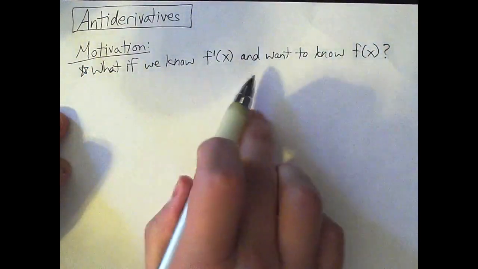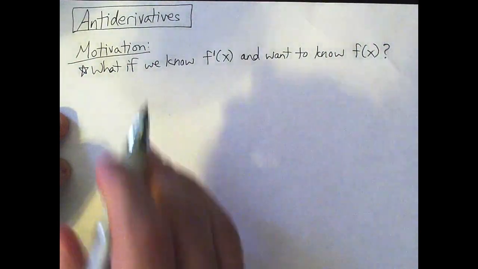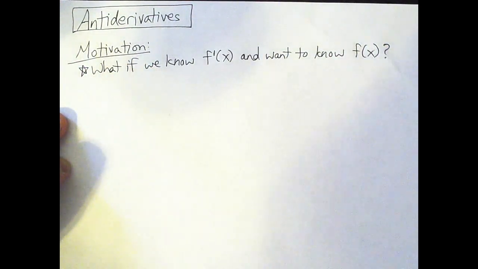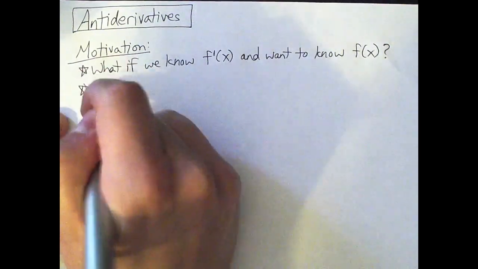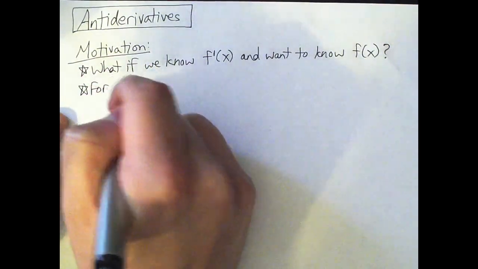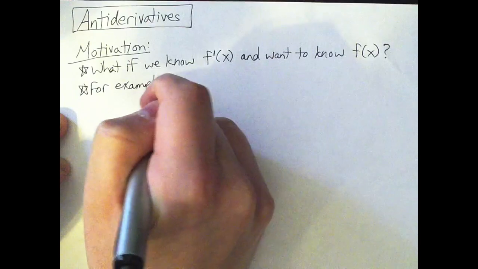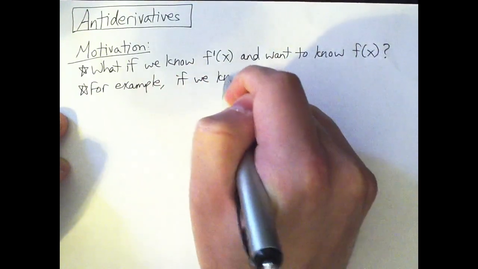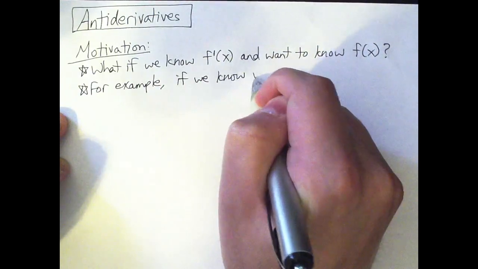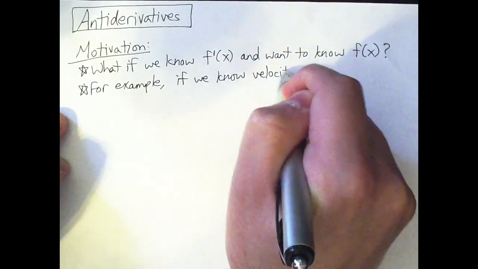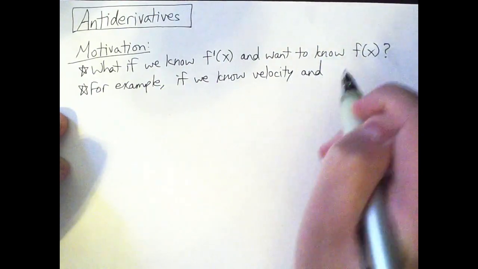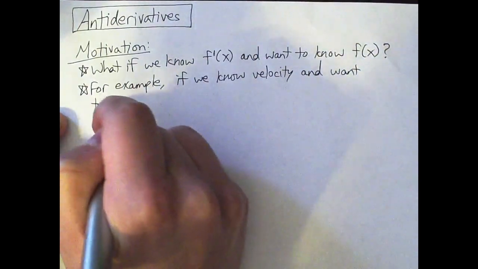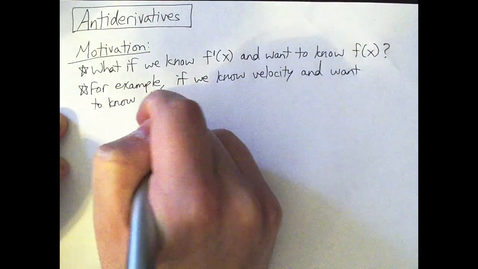And we've seen applications of the derivative this semester, so maybe we can do some of those applications in reverse. For example, if we know velocity and want to know distance.